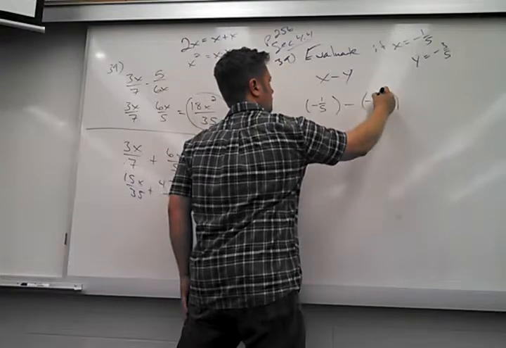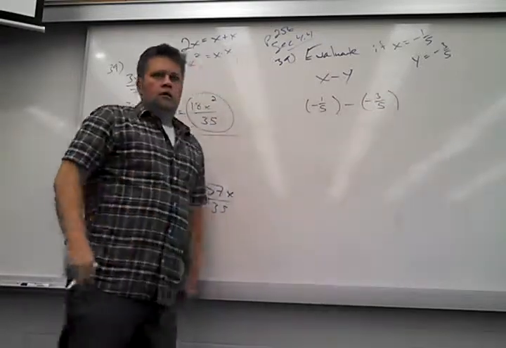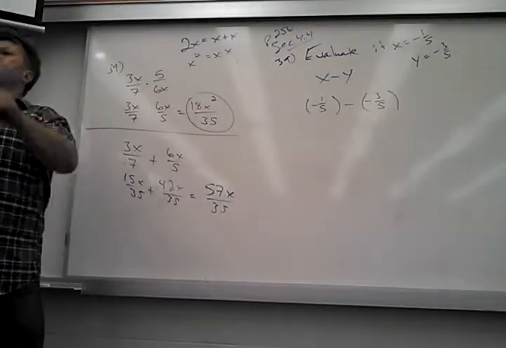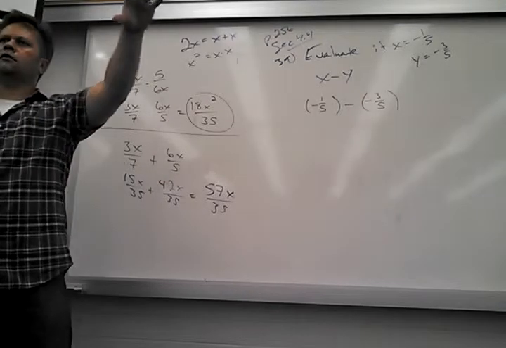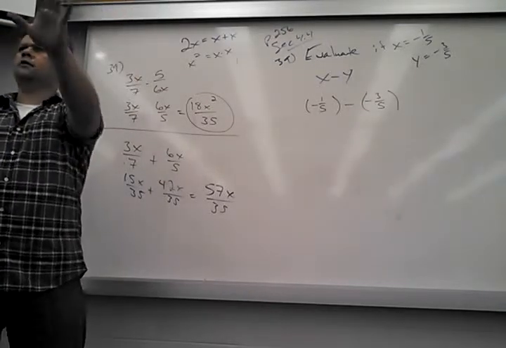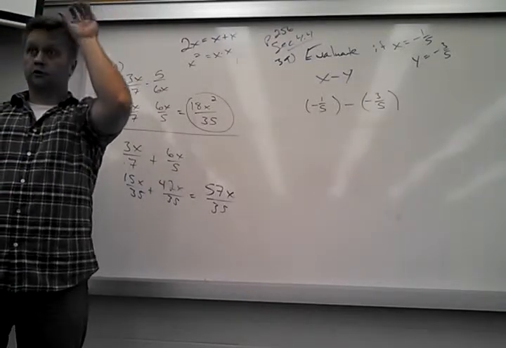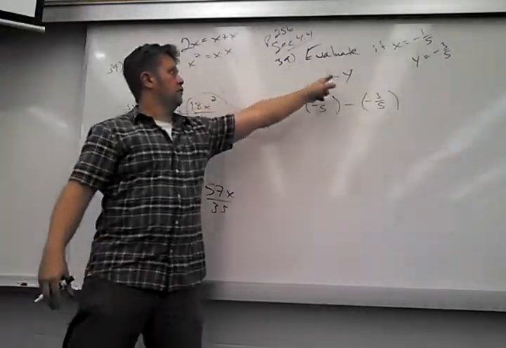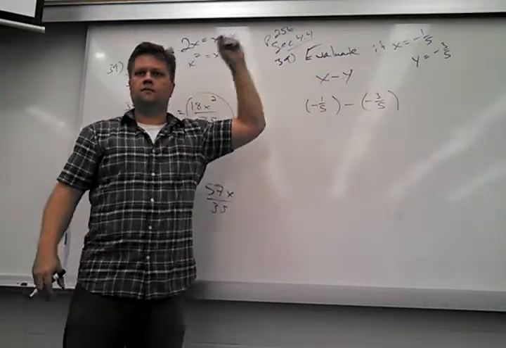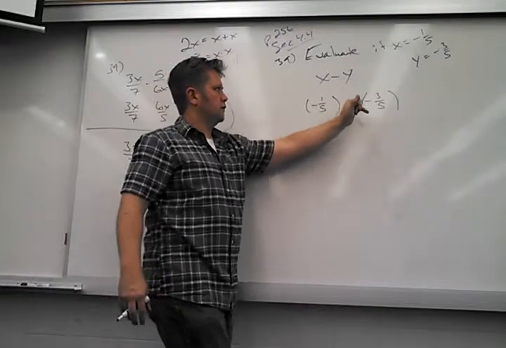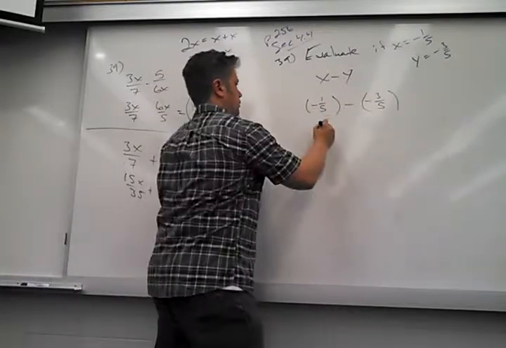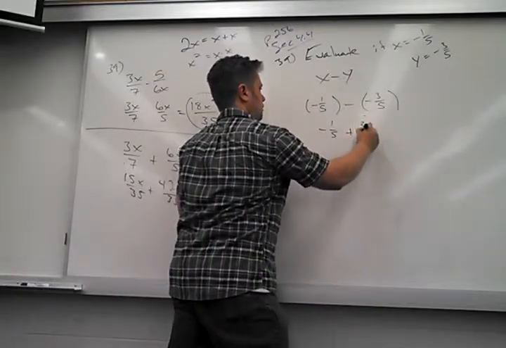Negative 3. The biggest mistake I see on that problem is somebody puts negative 1/5 minus 3/5 because their brain says, oh, there's already a minus there, when really there have to be two negatives, one from the problem and one from the number itself. So what happens first? Negative 1/5 plus 3/5.